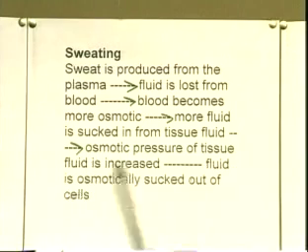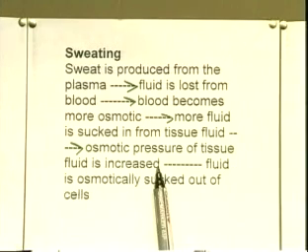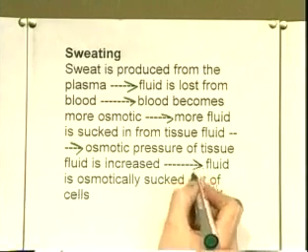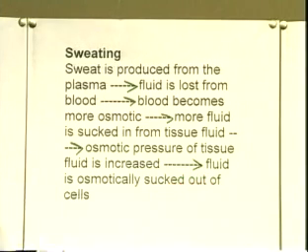This means that osmotic pressure of the tissue fluid is increased because it's lost water into the blood. Therefore, fluid is osmotically sucked out of the cells to replenish the volume of the tissue fluid. So we can survive for some period of time losing water without a loss of our ability to function because blood volume is maintained.